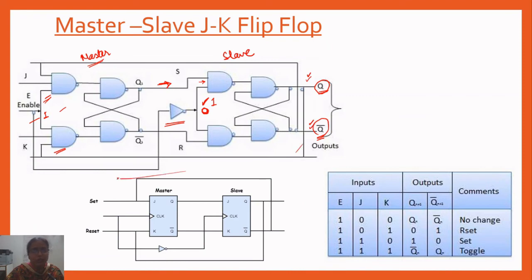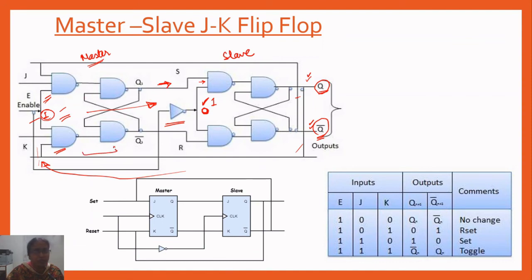It is then going back to the master, but this will not affect the final output because the master is disabled. So whatever change is occurring at the input of the master, as it is not enabled, it is disabled, so it will not affect the further operation of the master slave JK flip flop.